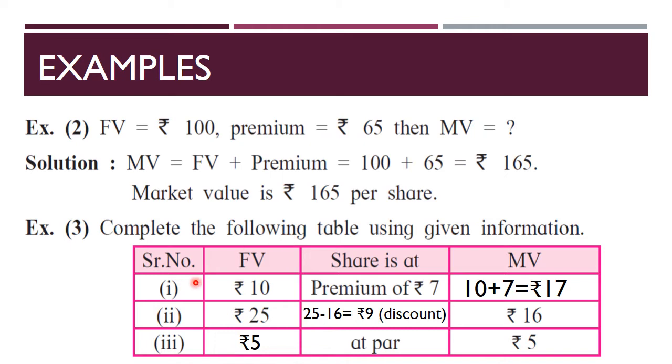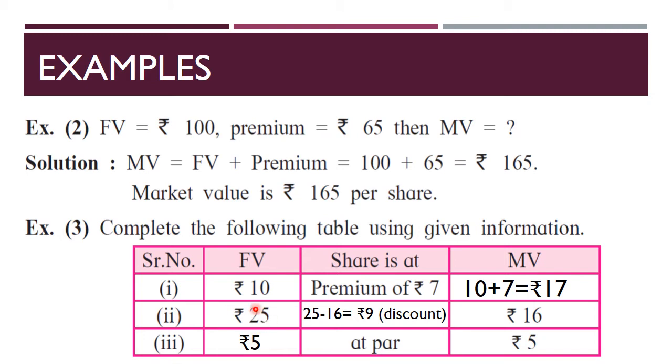In the third example, we just complete the table using the given information. In the first case, face value is 10. The share is at a premium of 7, that means market value is more by ₹7. So 10 plus 7 is ₹17.